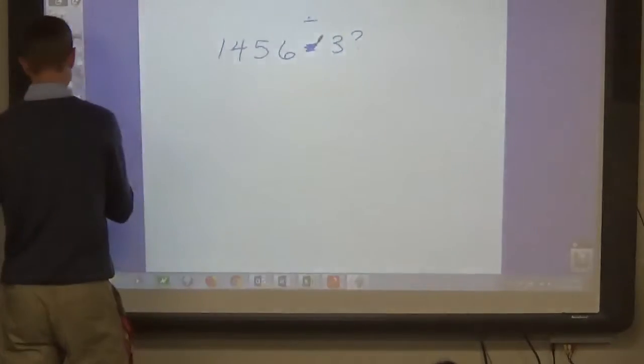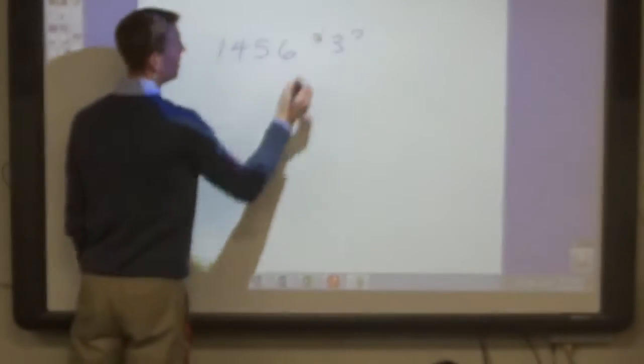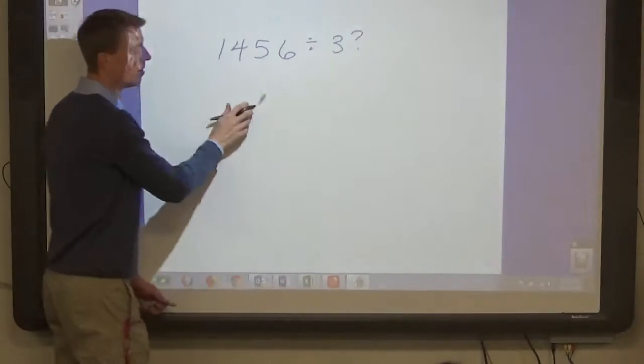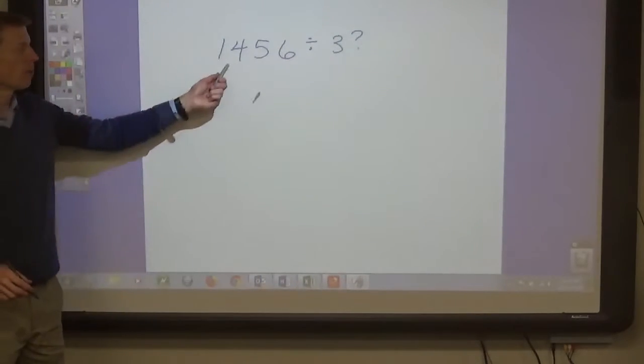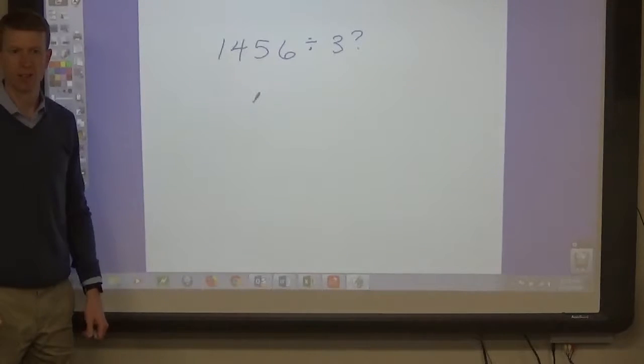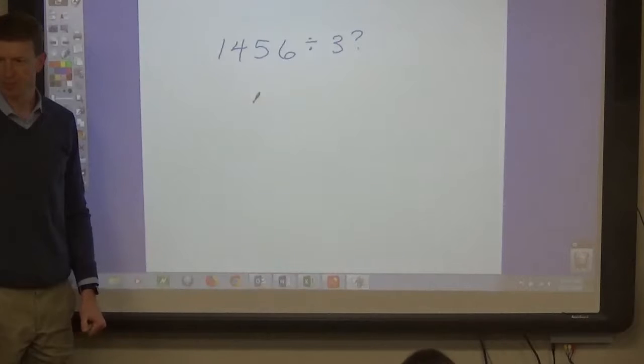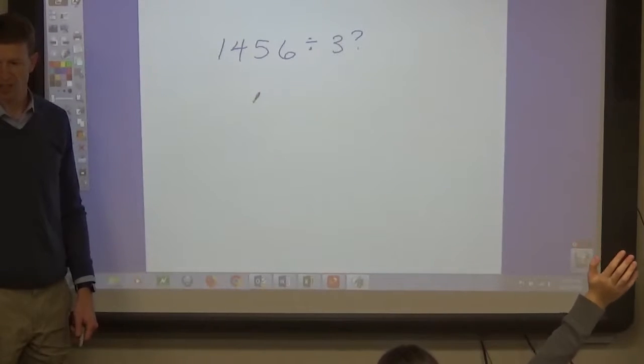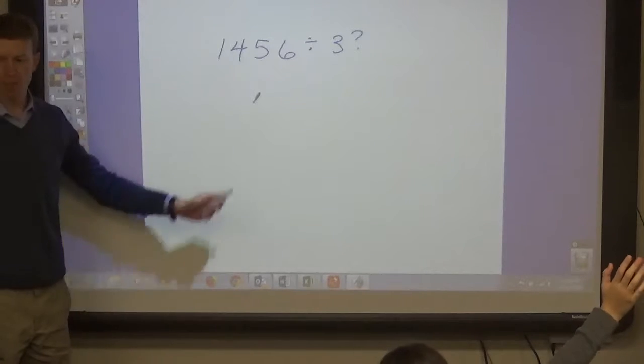Pay attention. Is this divisible by 3? What would you do? Explain what you would do. Find the sum of the digits.